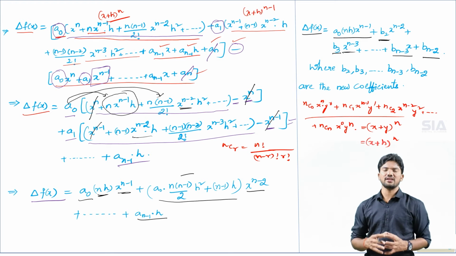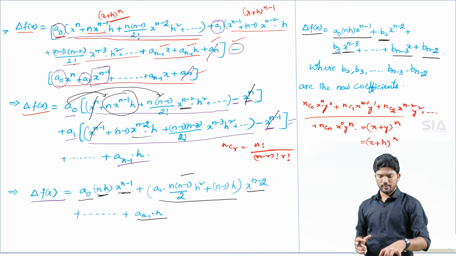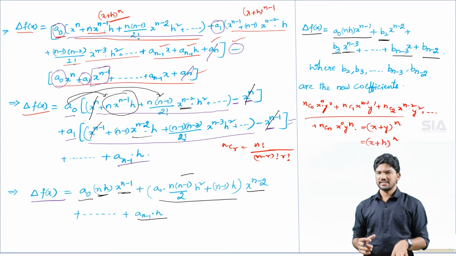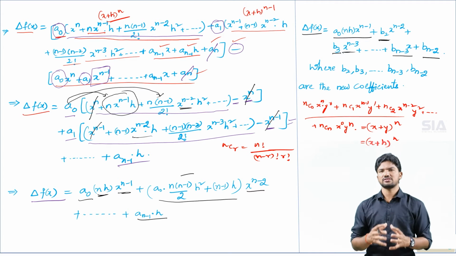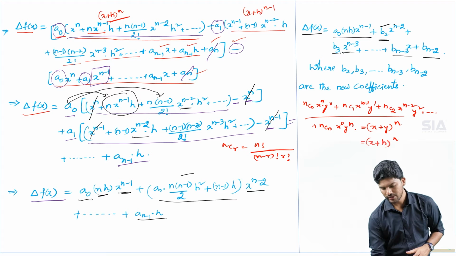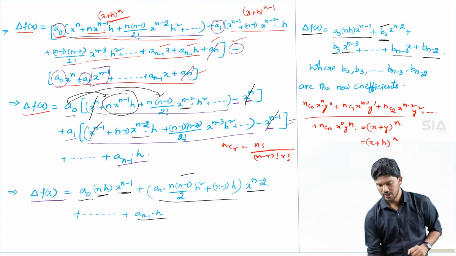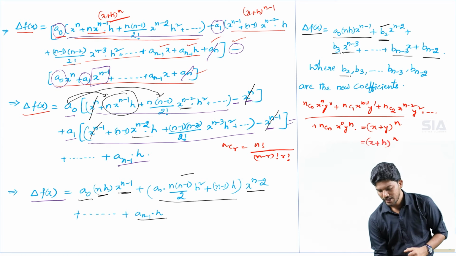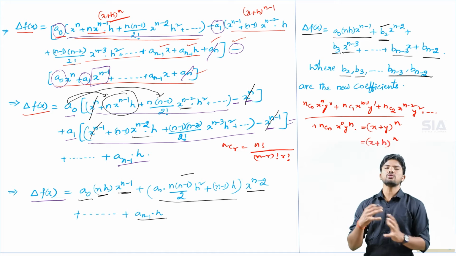Why are we writing these values instead of a₀, a₁? We are writing b₂, b₃ because it makes the simplification easier. If you proceed in this format, the simplification is complex. So to reduce that, we are using the symbolic notations b₂, b₃, b₄ up to b_(n−2). Clearly, b₂, b₃ up to b_(n−2) are the new coefficients.